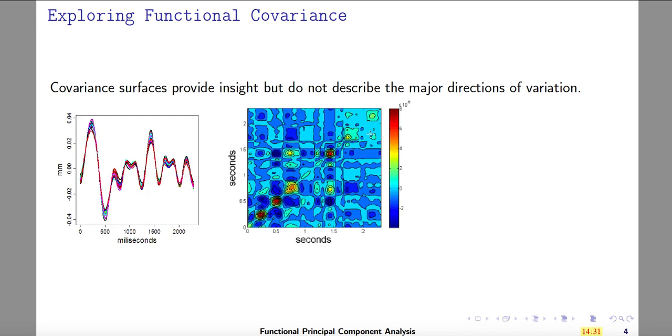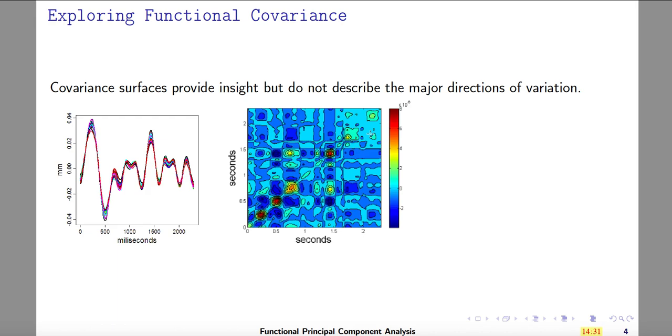A fundamental problem when we're dealing with these multiple curves, or groups of curves, is that we want to find out at which time points we have the maximum variations.